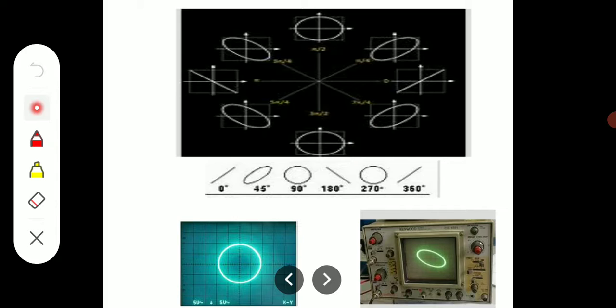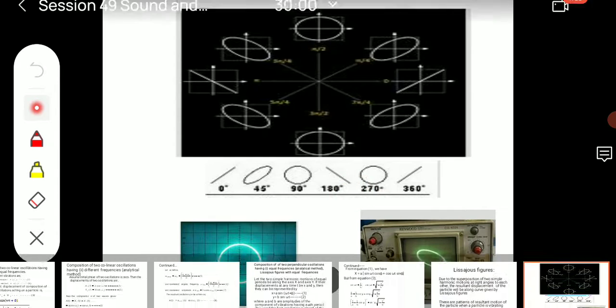When the angle phi is equal to 0, we get a straight line, slanting along the x, y and minus x, minus y coordinates. At an angle of 45 we get the tilted ellipse, and at 90 degrees we get a circle. At 180 degrees we again get a straight line but in another direction.